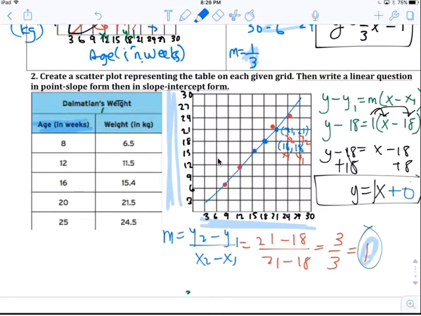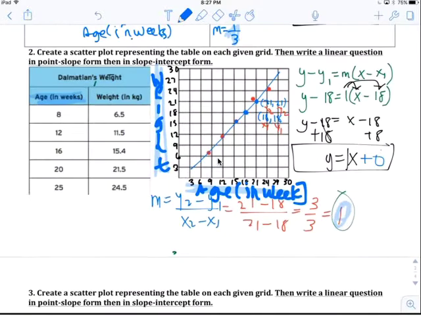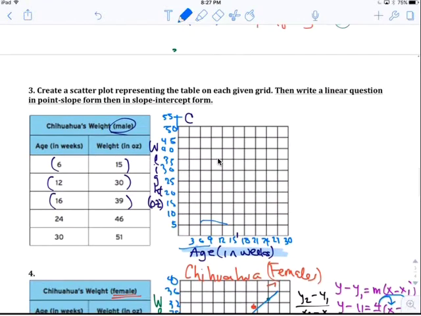Independent is the x, that's age in weeks. And dependent is weight. This one I did before I started, so make sure you label the independent, which is the x, and the dependent, which is the y.